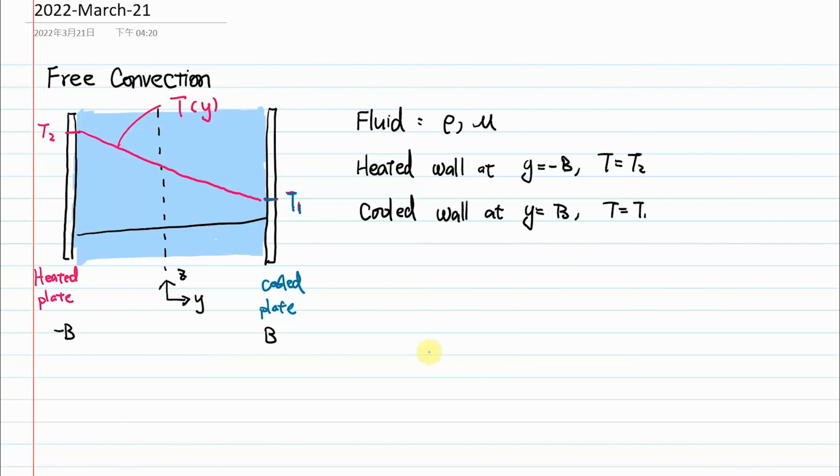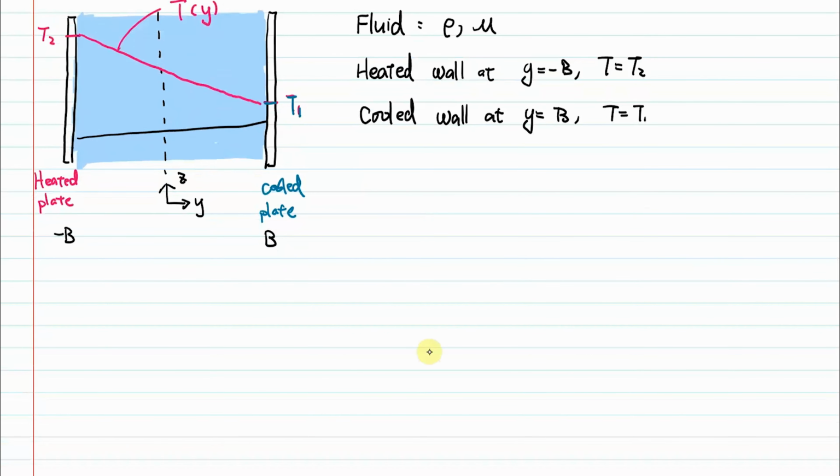We have some assumptions before we proceed. First, we assume T2 minus T1 is small. That means terms containing delta T squared can be neglected.